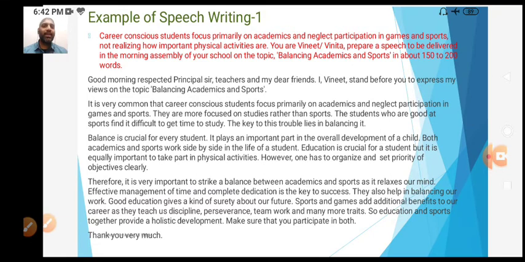Next is an example of speech writing. It is very important, so I pause here. You can read on your own. The next example I will be reading for you. I'll be keeping quiet for some moments. It is not very lengthy. You can read this example on your own.